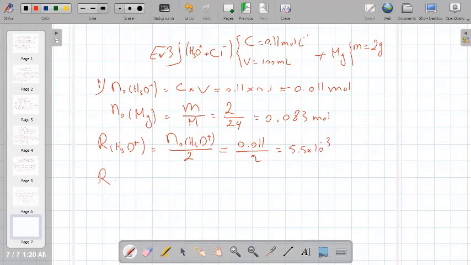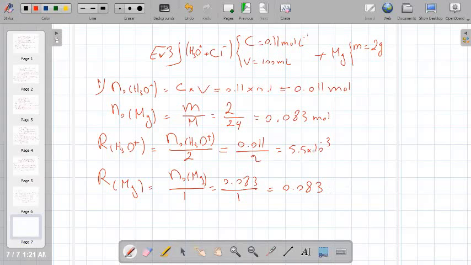The ratio of Mg equals n0 of Mg over 1 equals 0.083 over 1 equals 0.083, that means 83 times 10 to the power minus 3.